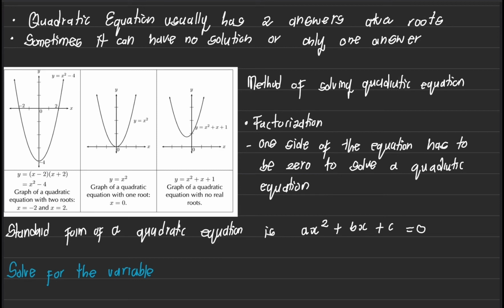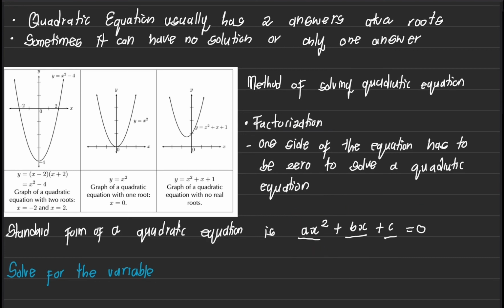So, methods of solving quadratic equations. The most common method, as I've mentioned, is the method of factorization, where one side of the equation has to be 0 to solve the quadratic equation. The standard form of a quadratic equation, or the original form, is ax² + bx + c = 0.